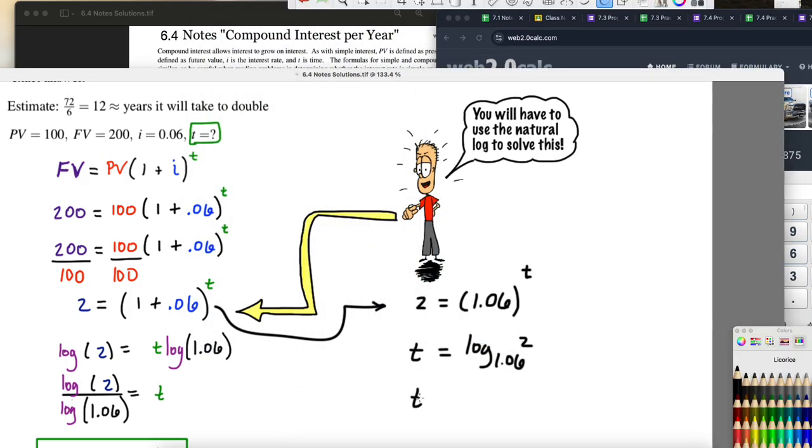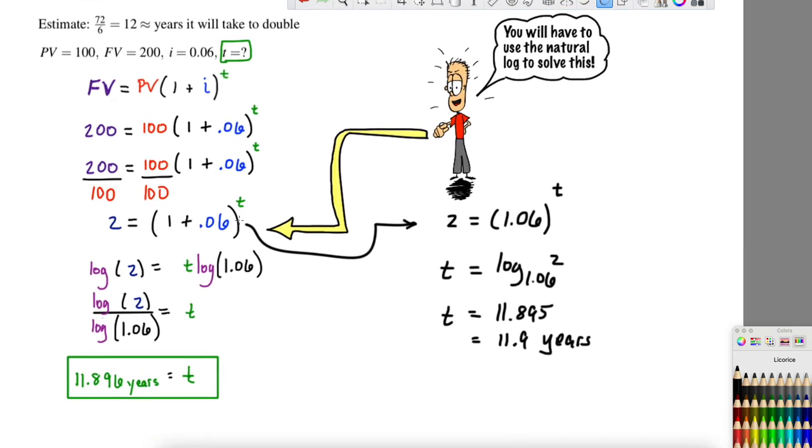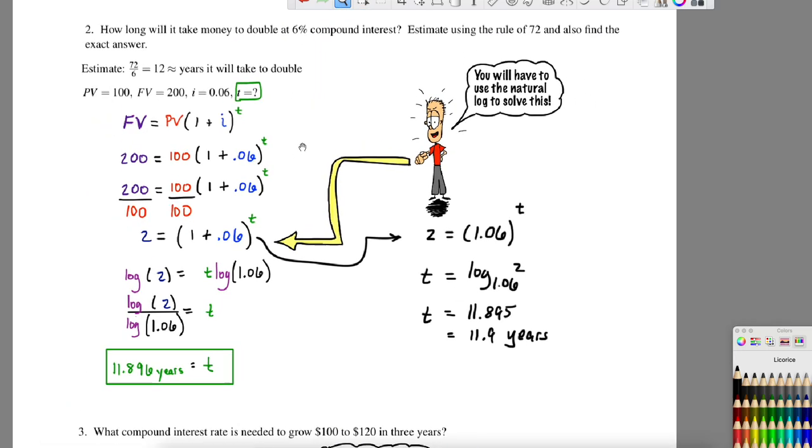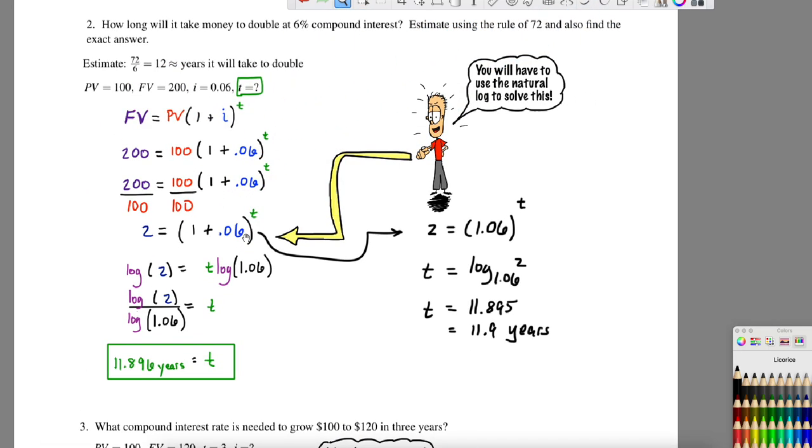So t equals 11.895. If we round this to something a little more reasonable, how about 11.9? This is years. About 11.9 years it would take to double, and with our quick estimate, it was 12. So that's the reason why it's called the Rule of 72.